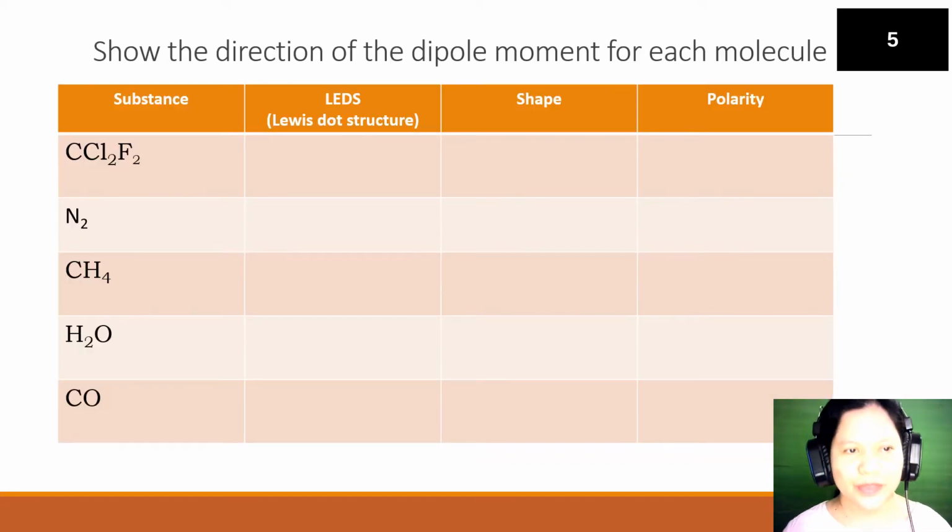Okay, so for today, since we have already identified how to write down the Lewis dot structure, maybe this time you will be showing the direction of the dipole moment for each molecule. What would be the shape, and what would be the polarity of the given compounds? So for this activity, you will have a 5-minute time, and then later we'll check your work.